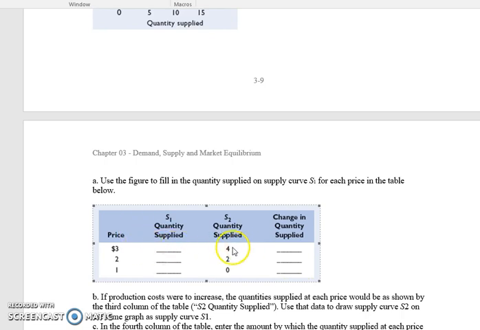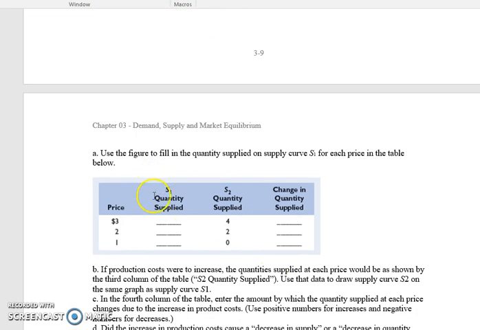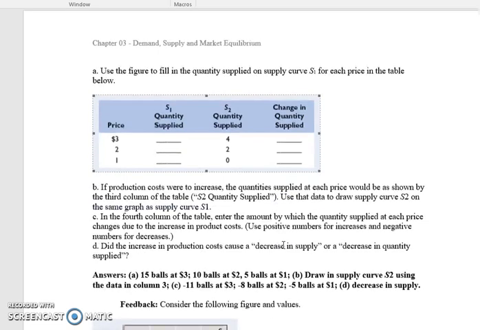So 15 minus 4 is what? 11, and then 10 minus 2 is 8, and 5 minus 0 is 5. So those numbers will appear. That change in supply from S1 to S2 will appear here, right?